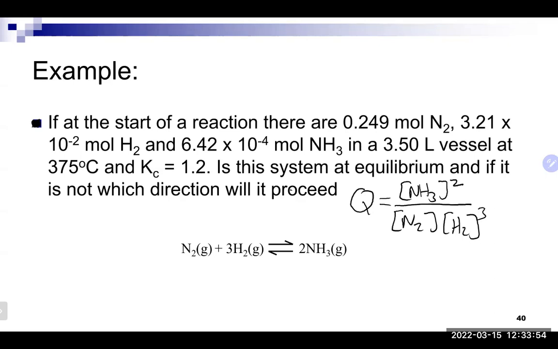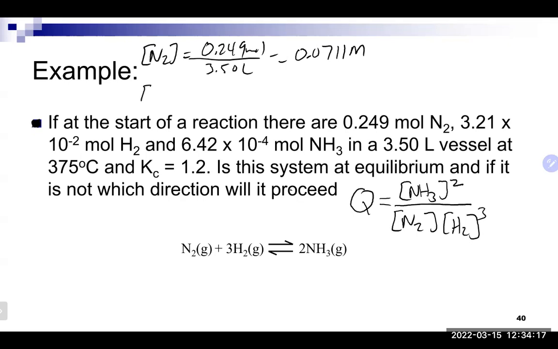So the concentration of N2 should be 0.249 moles divided by 3.5 liters, which gets us 0.0711 molar.